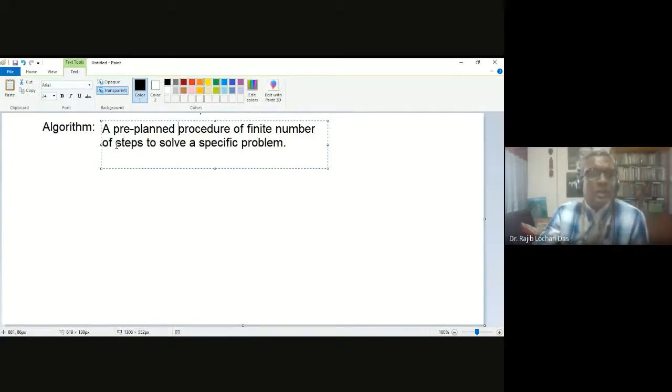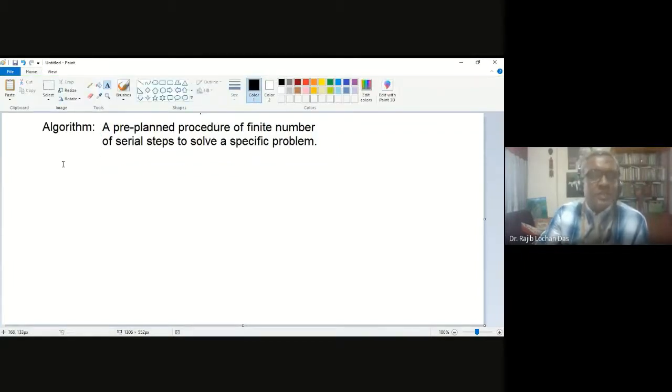You can also write a finite number of serial steps, that is steps in order. Serial means what should be done first and what should be done second, and then third, and then fourth, like that. There should be a seriality, that is consequence, and there should be a specific goal. You have to do something, that is there should be some target, so that you can solve the problem, and that will be called algorithm.